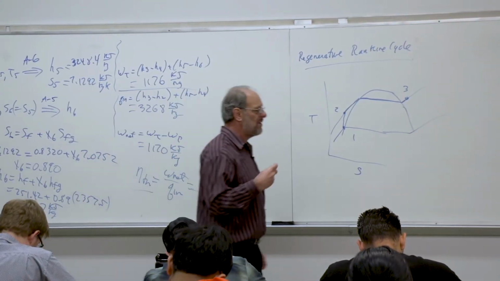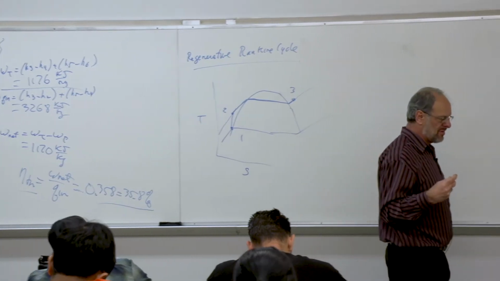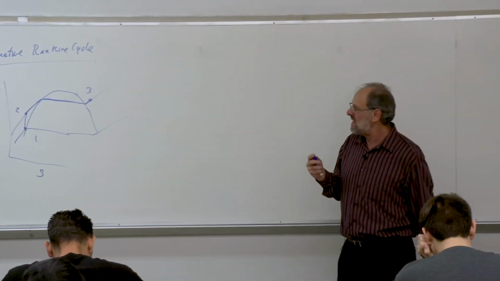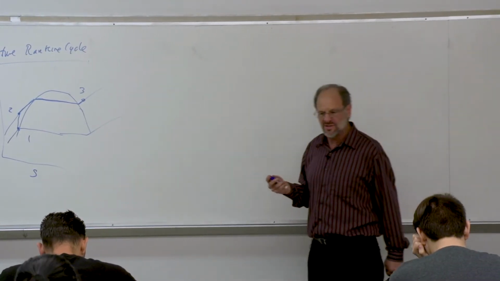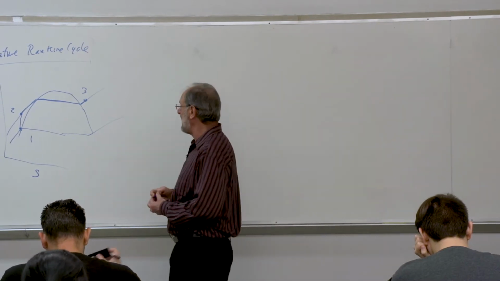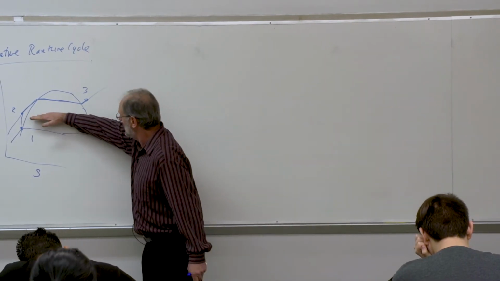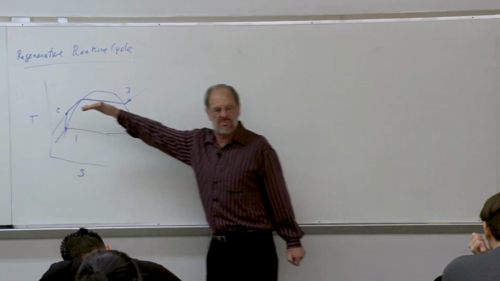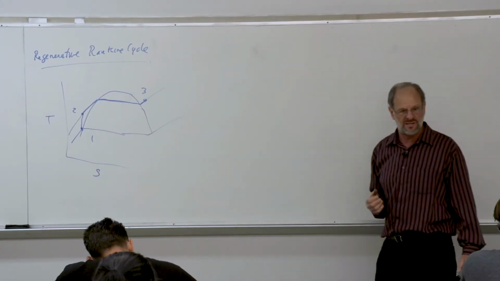One thing that we might also remember or also know is that we're trying to maximize the thermodynamic efficiency, and one way to maximize the thermodynamic efficiency is to maximize the temperature at which heat input takes place.